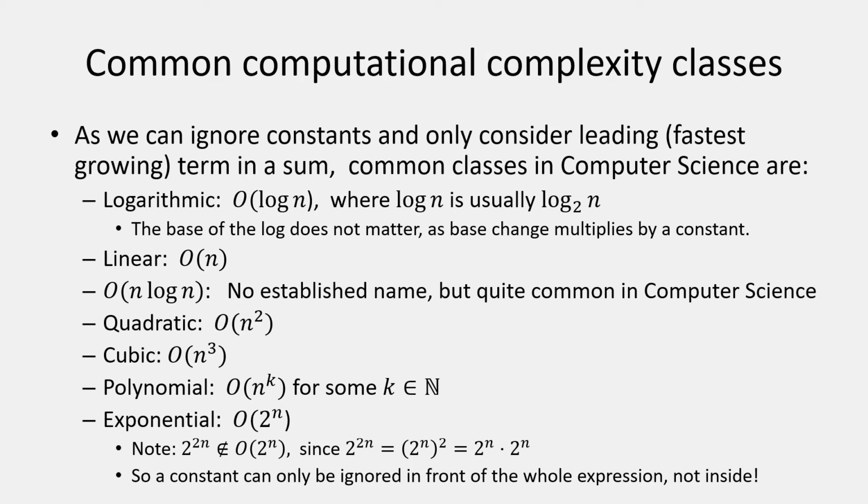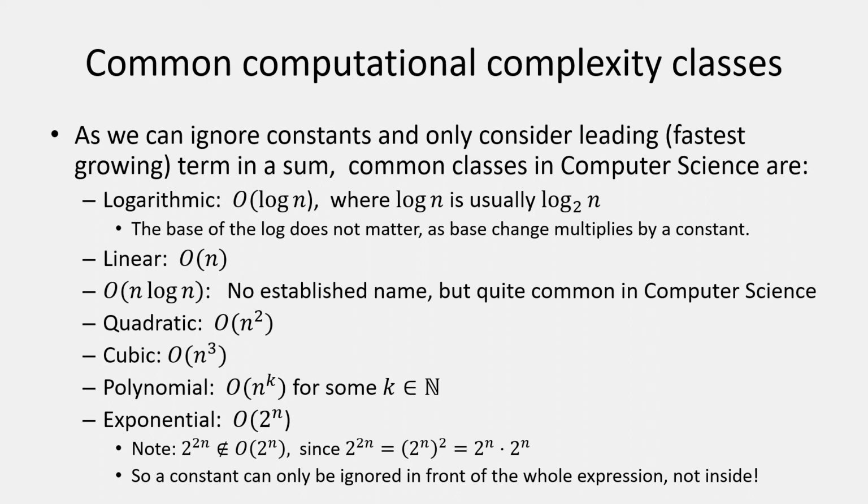So in particular, a lot of the time when people talk about the complexity of an algorithm, they will talk about classes corresponding to big O of such simple functions, without additional things added and without constants. So for example, one such class is linear, big O of n.